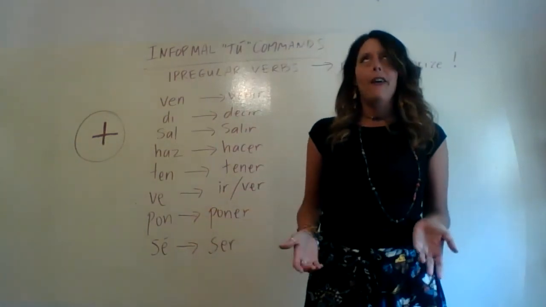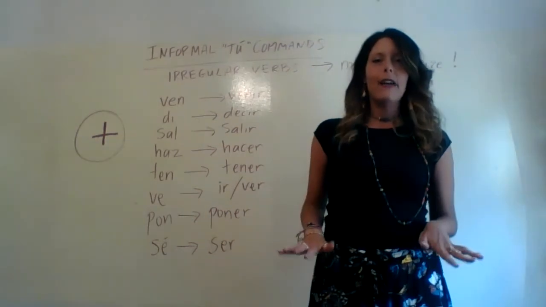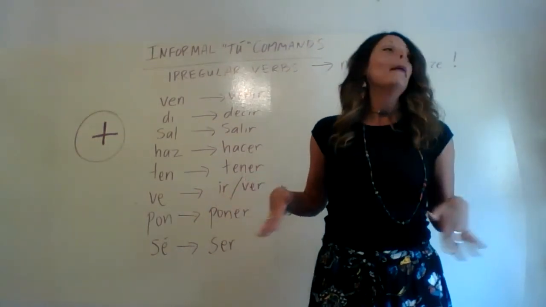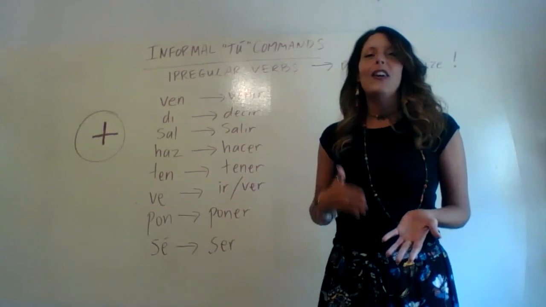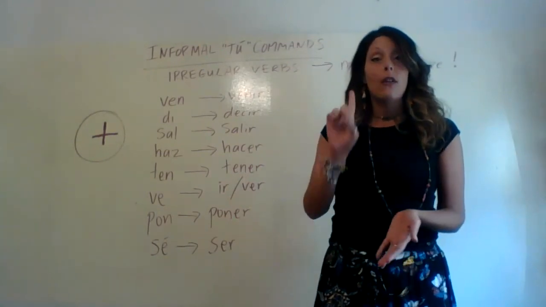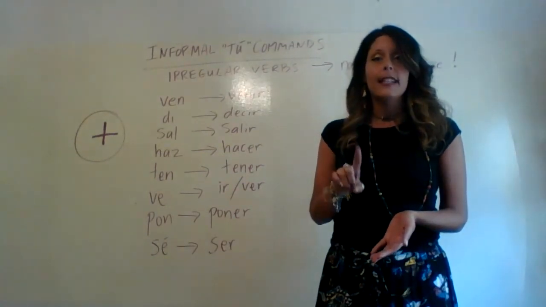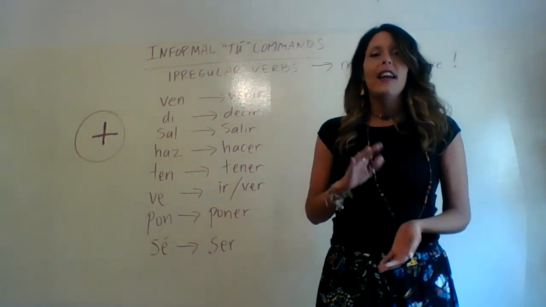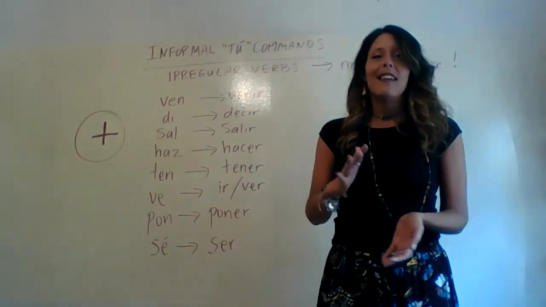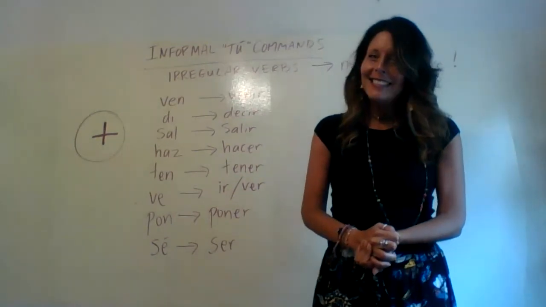So if that helps, go for it. If it doesn't help, forget that I ever said it. But nonetheless, these are your irregular, affirmative, and only affirmative, informal tú commands. There you go.